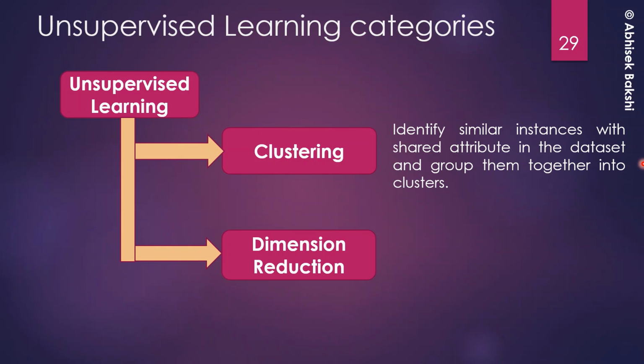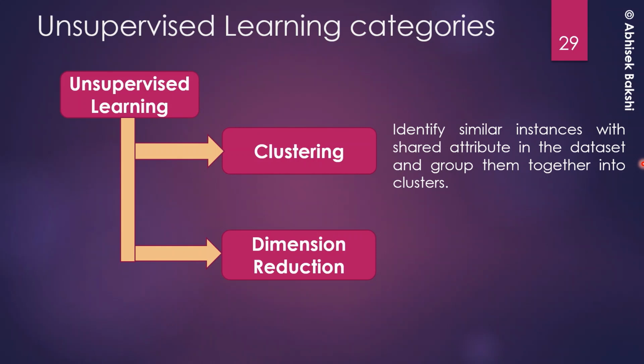For example, you have 100 features in your data set and you optimize it to, say, 50. Instead of 100 you are using 50 features. How these 50 features are selected, I'm not going to say right now. When we discuss the dimension reduction algorithm, then I will show you.